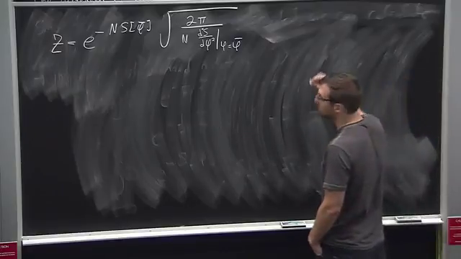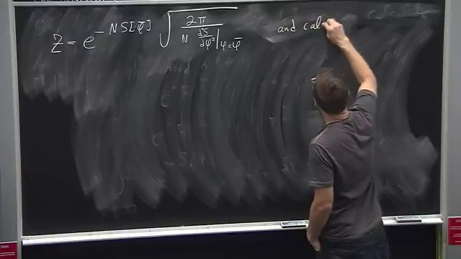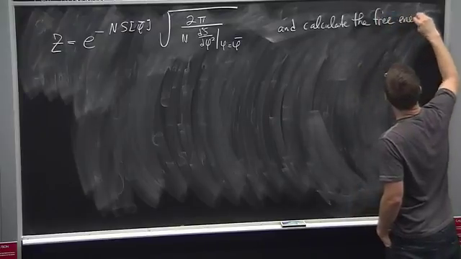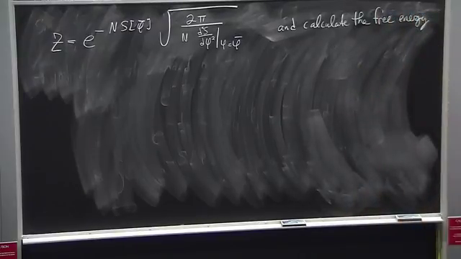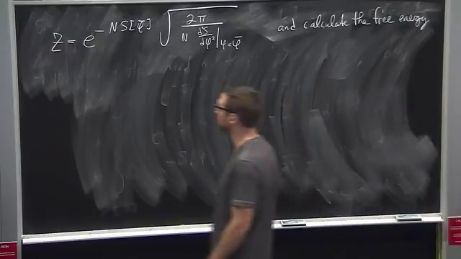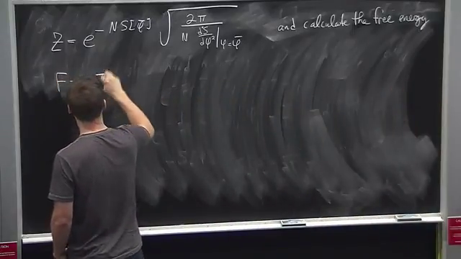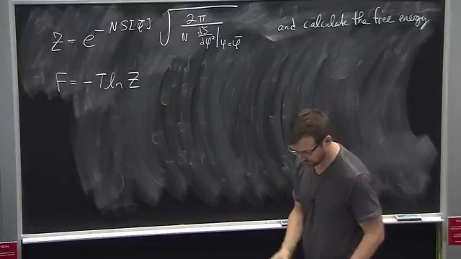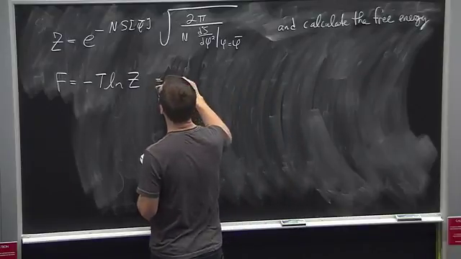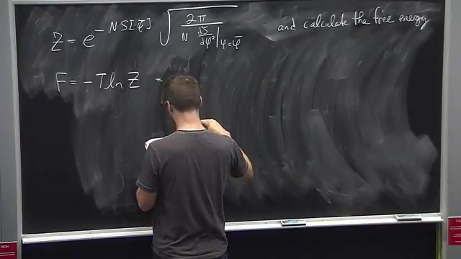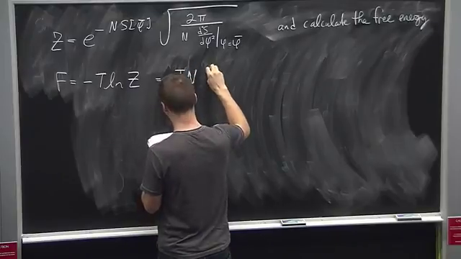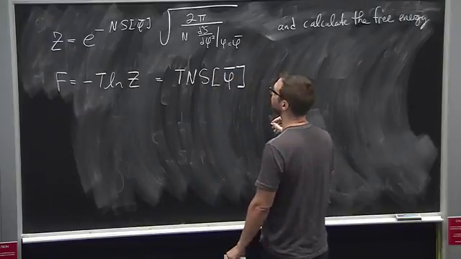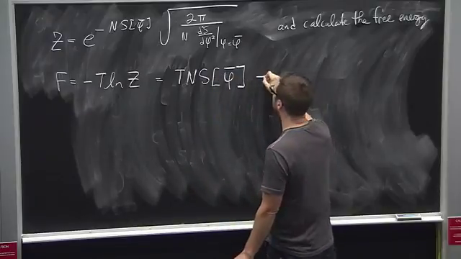So let's just look at the free energy. So the free energy is minus T log Z. So I'll have two terms. Okay, let me not get the minus signs wrong. T n, then I'll have S evaluated at phi bar. I'm going to say minus here.